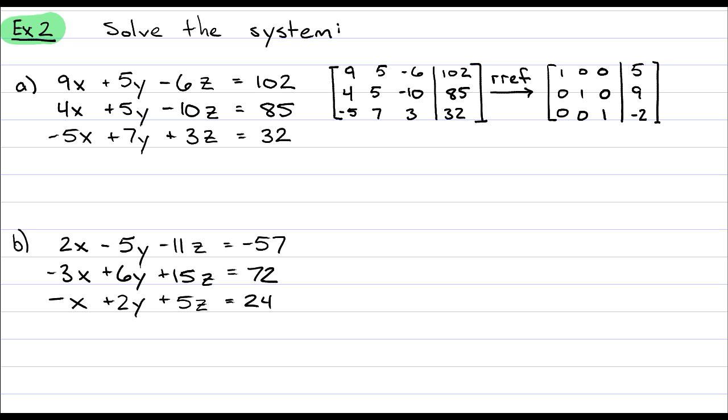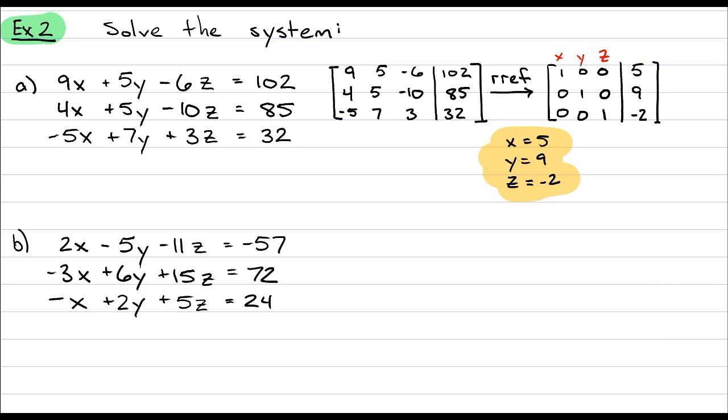So this is the ideal situation where I get a unique solution, which I can just read off from the terminal matrix. So my solution here is x equals 5, y equals 9, and z equals minus 2.